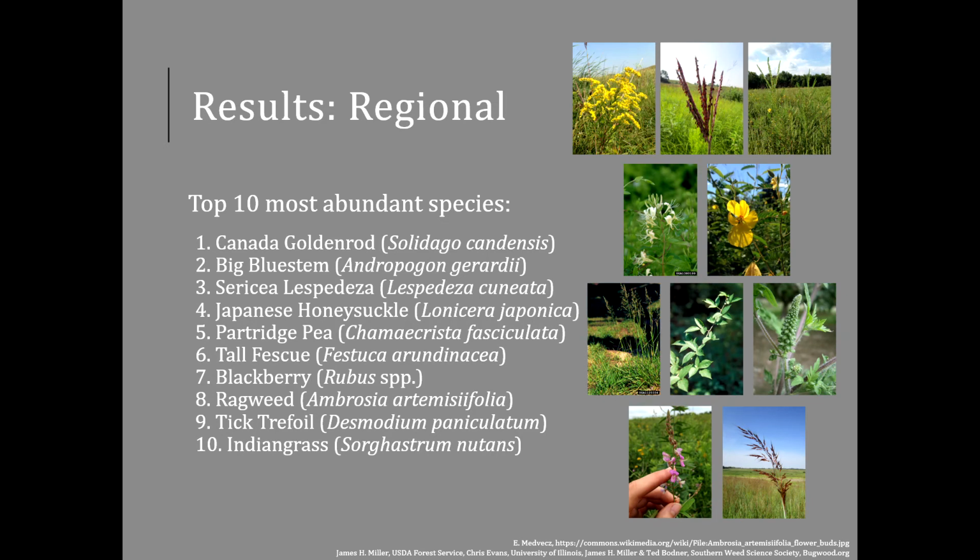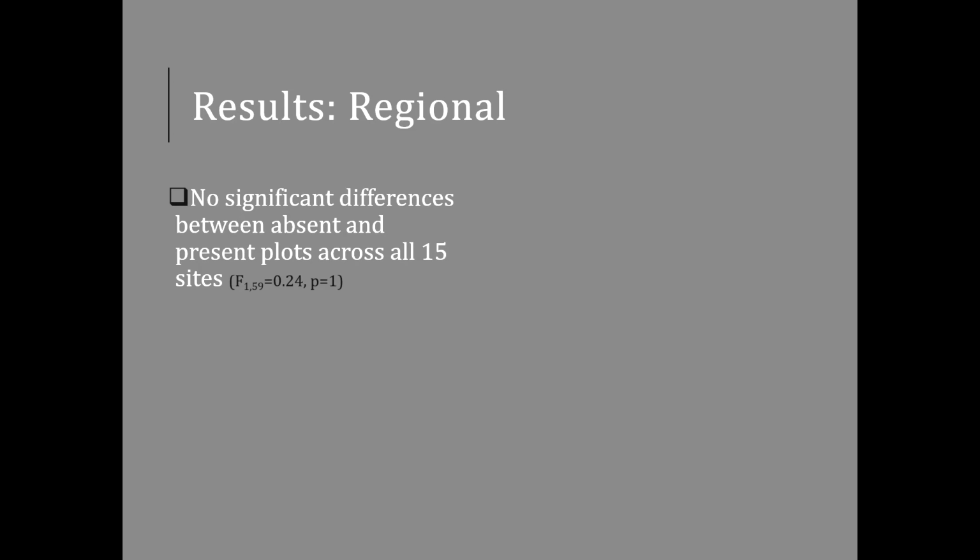So again, these sites that I found were not necessarily all of the highest quality, and they all had various differences in their species diversity and quality again. Okay, so doing analyses across all of those 15 sites, what we found was that there were no significant trends across the whole region. So basically comparing all of the plots where Sericea was growing and where it wasn't growing, there was no significant difference in the species composition, okay?